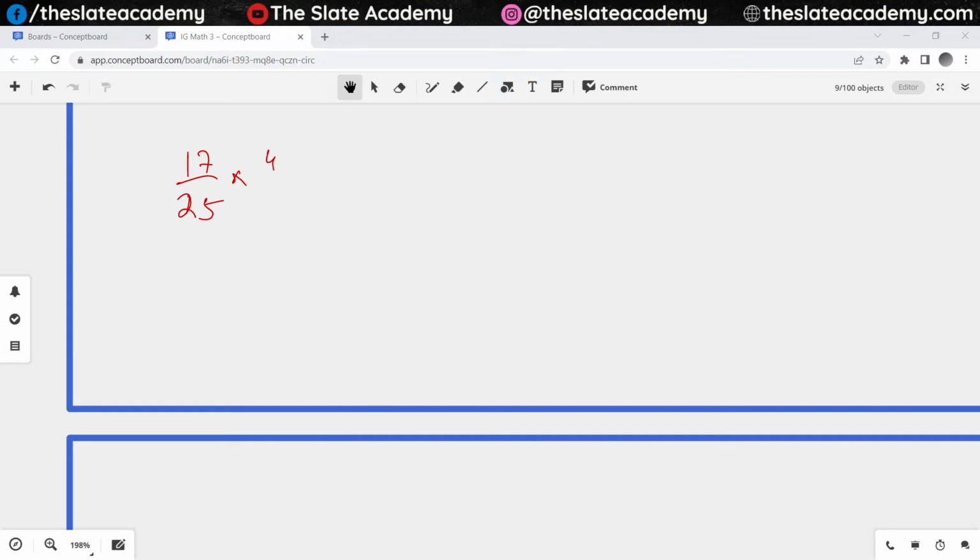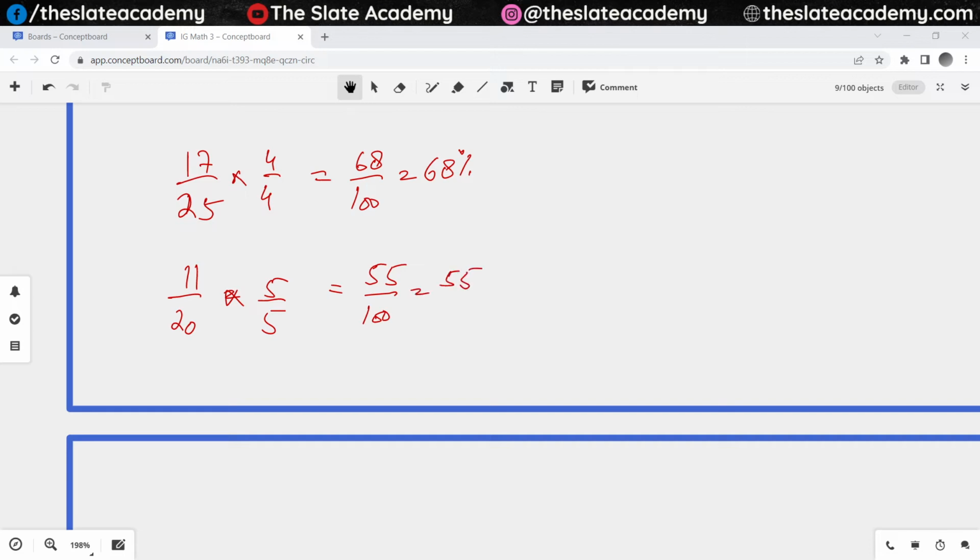So 4 by 4 gives me 68 by 100, which is 68%. Let's try one more. It says 11 by 20. I'll have to multiply the denominator with 5 and obviously the numerator as well. So it would give me 55 by 100 or 55%.